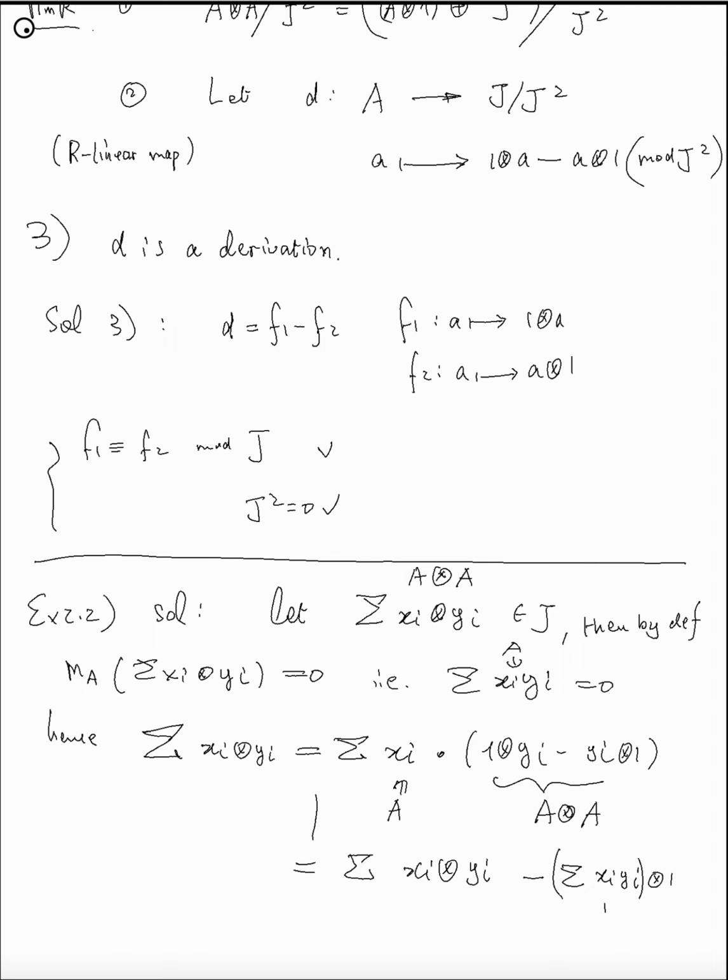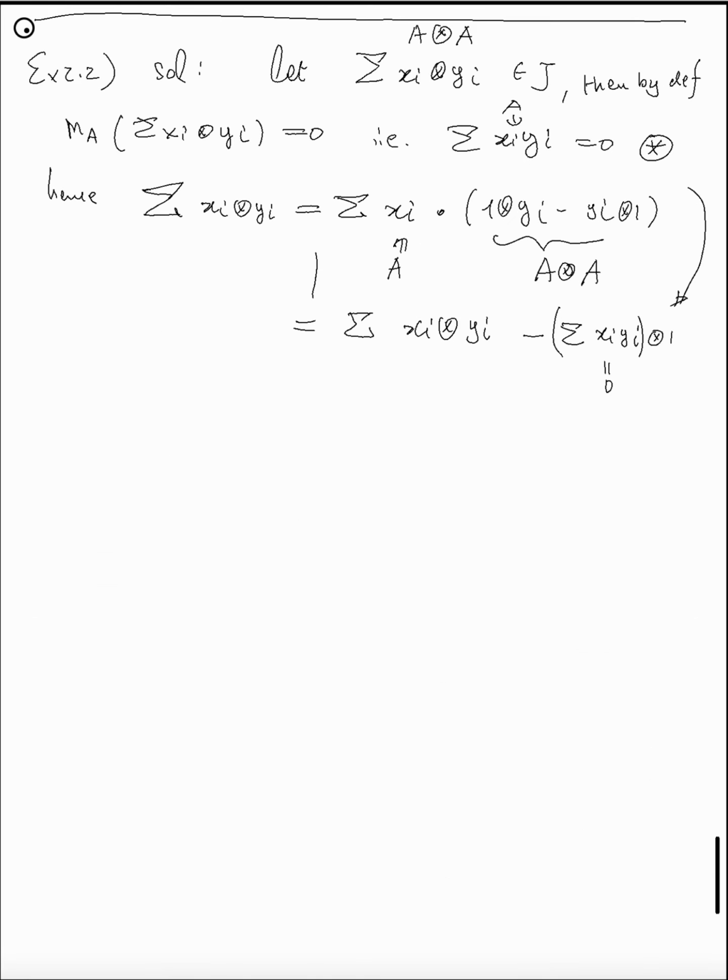But this is 0 by our computation or definition of J. And so this gives you back here. Okay, but now what's new here? This is also of the form. Notice this is just our d of yi. So finally this equals xi times dyi. So the claimed form.